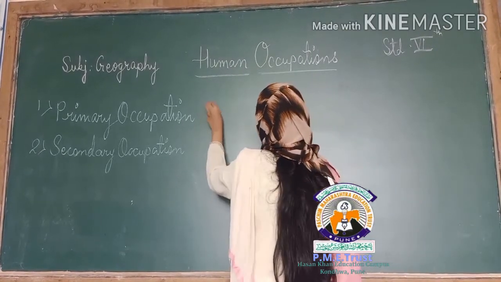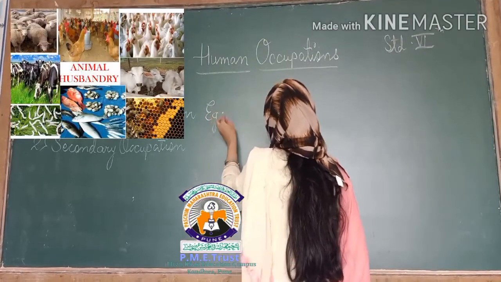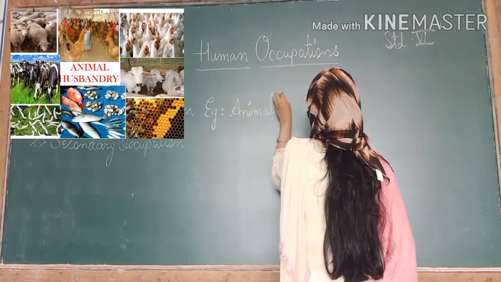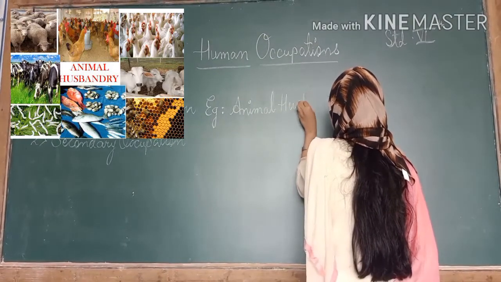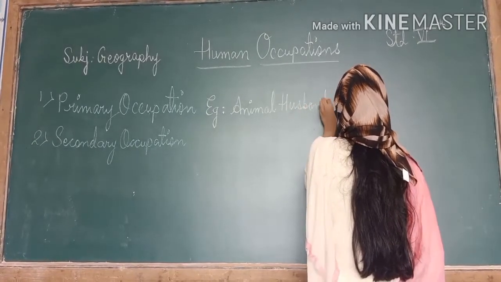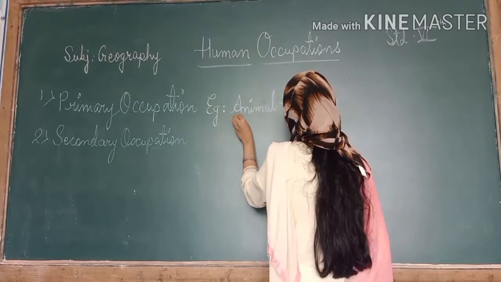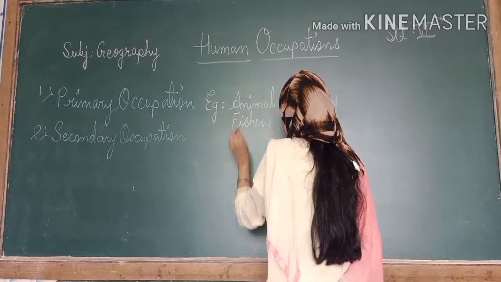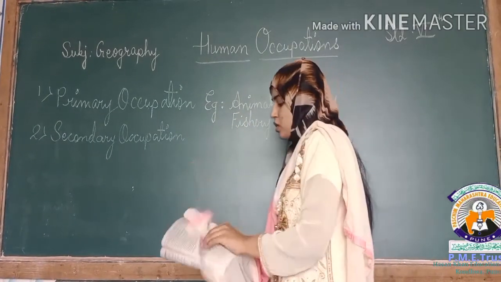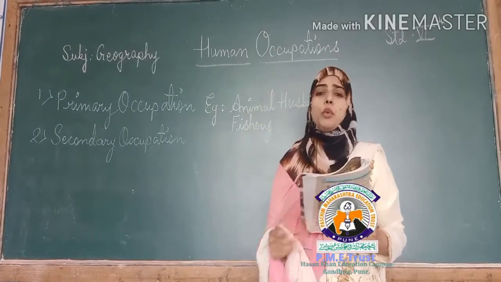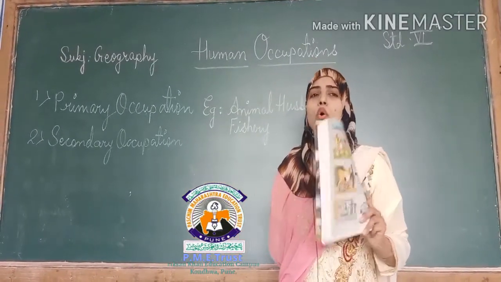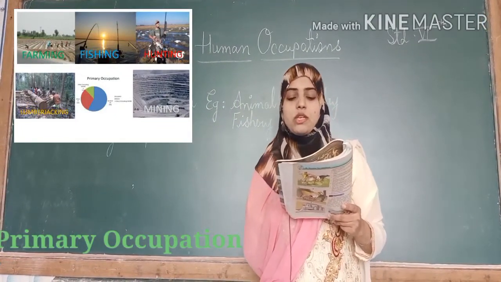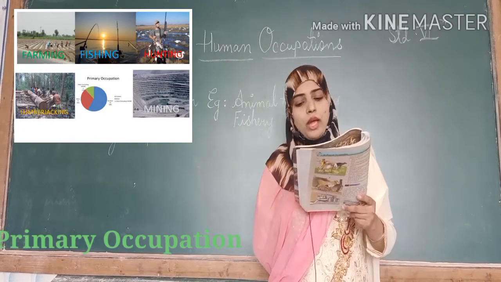The best example of primary occupation is animal husbandry, and the second one is fishing or fishery, because they are present in nature. So the occupations which are only dependent on nature are known as primary occupation.